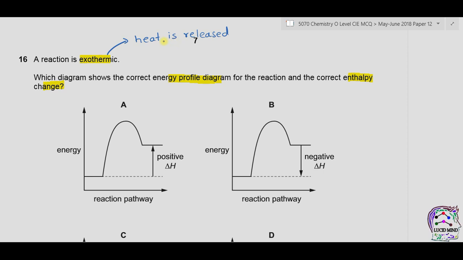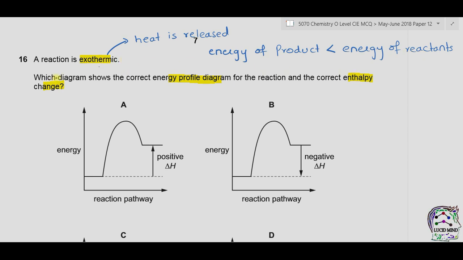Or we can say that due to release of heat, the energy of product is less than the energy of reactants. This is because the energy is released in the form of heat, so therefore the product is now at lower energy as compared to the reactants in exothermic reaction.